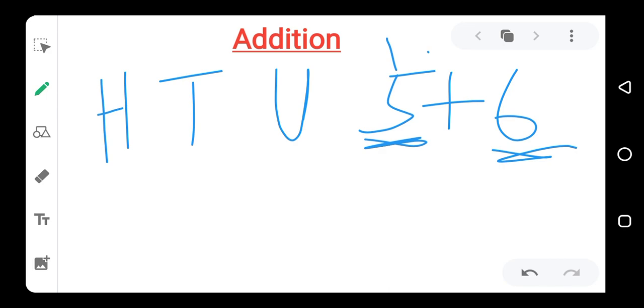So we have 5. Now, the second number is 6. 6 is only one digit, only one. So where are we going to put it? We'll also put it under units.